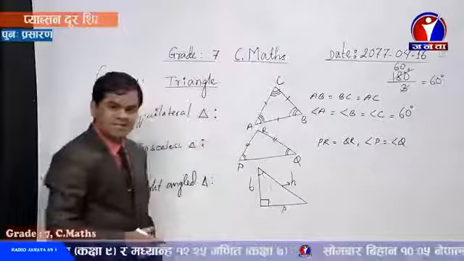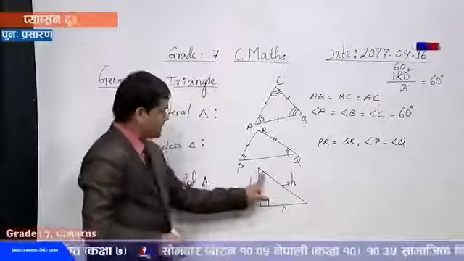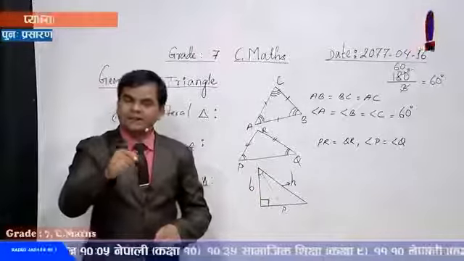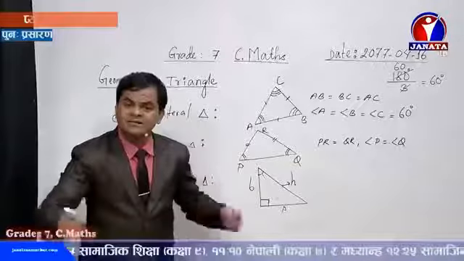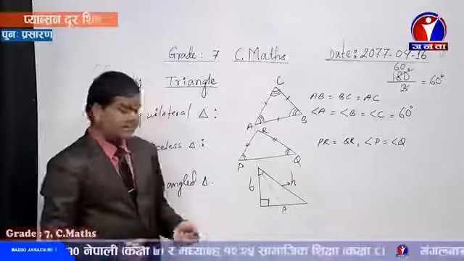But generally, if the reference angle is not given, the vertical side is the perpendicular, and the horizontal side will be the base. Okay, that's the concept of right angle triangle.